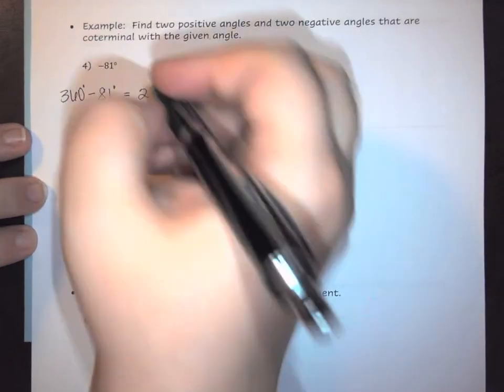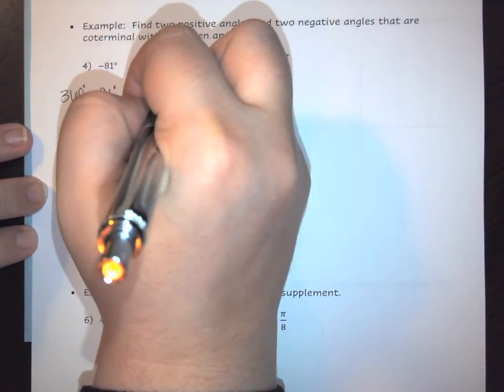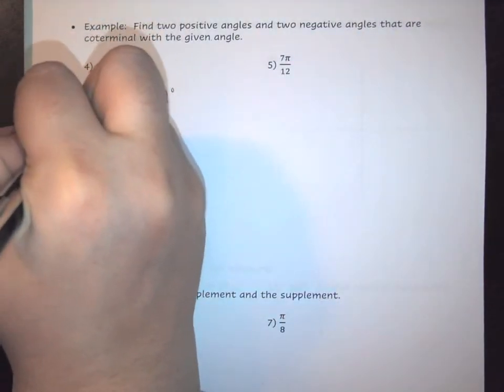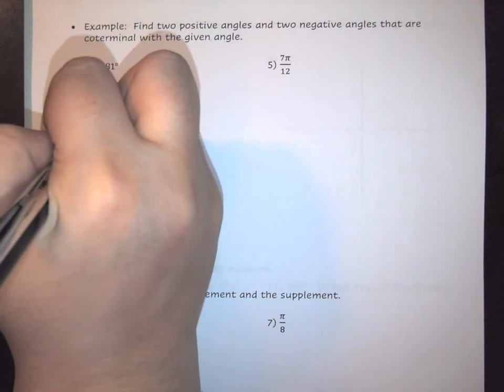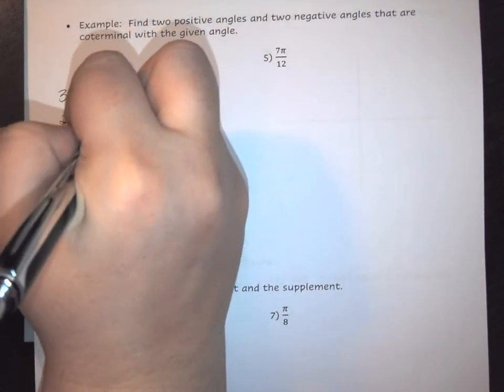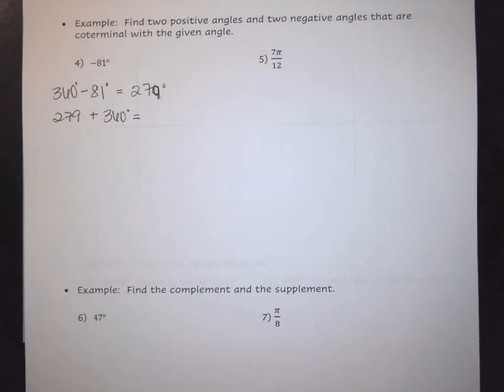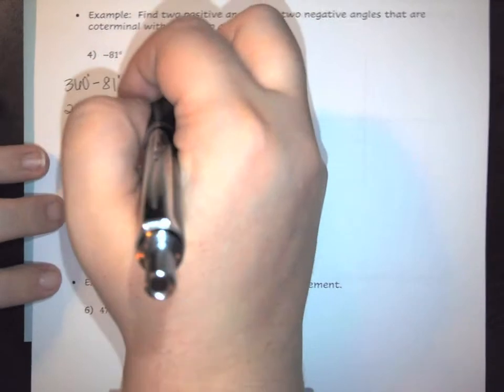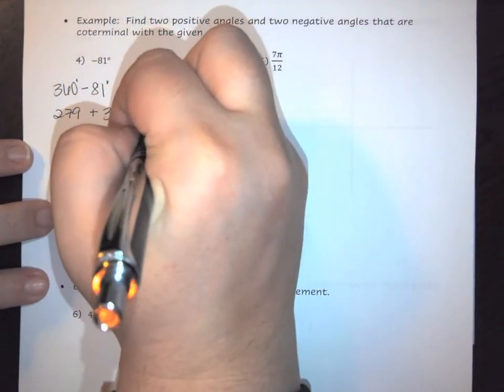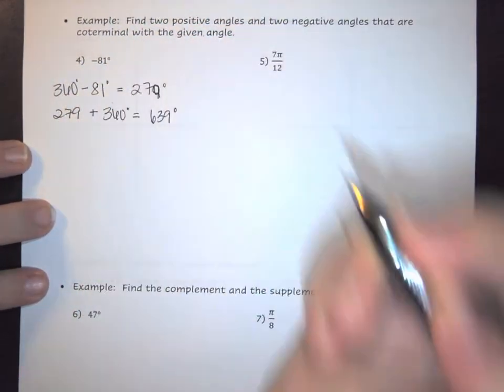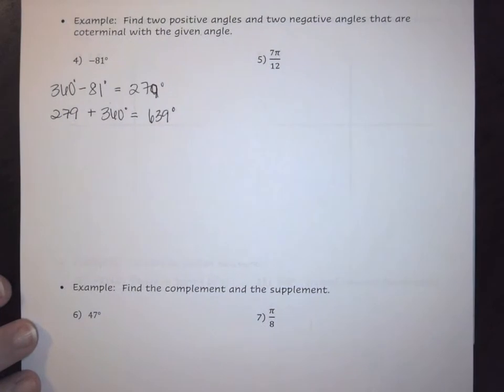Now to find my second positive measure, I would take that 279 and I would add a full rotation to it. So we're going to take that 279 and spin it around once, and in this case we would then get 639 degrees as the next degree measure.